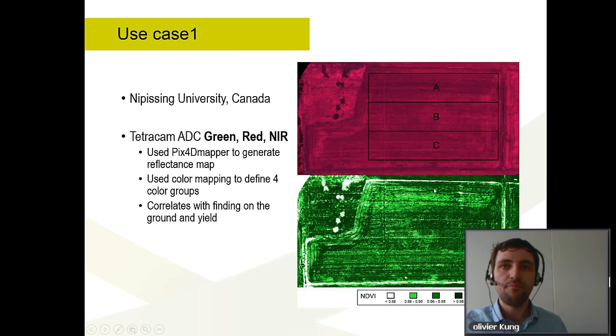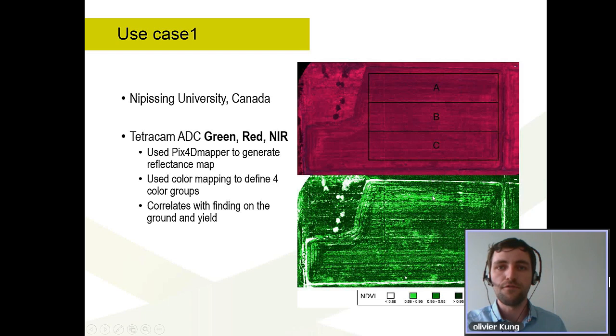And they've been doing experiments with some of their clients to see the influence of certain fertilizer on a field, and it correlated perfectly with the yield obtained at the end of the year.